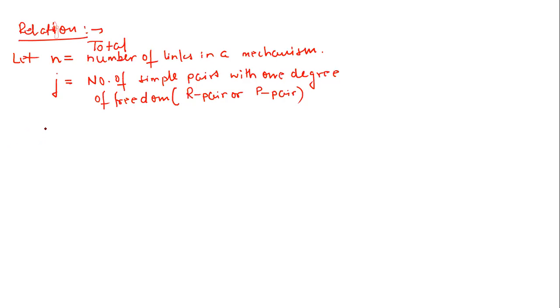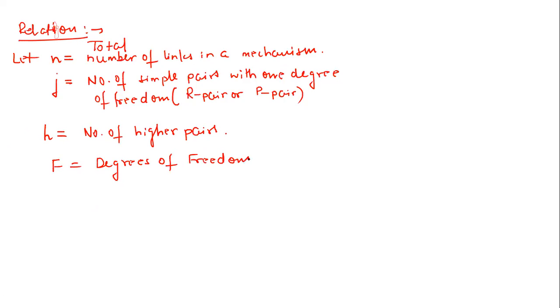Then let h be equal to the number of higher pairs. Now let us try to find out the degree of freedom of a planar mechanism, and let capital F be the degree of freedom for the mechanism. So let us see how these are related: F, h, j, n.